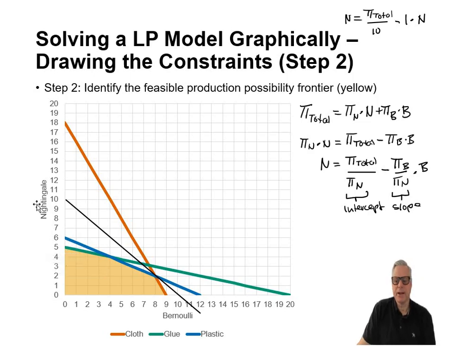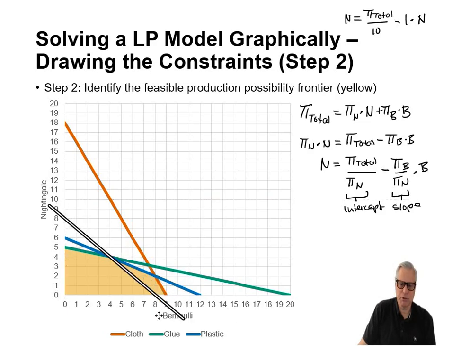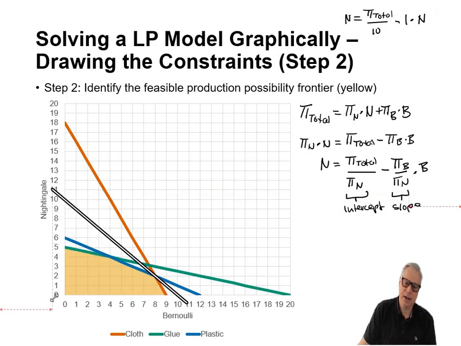And that is what we also saw earlier as we just plugged in random numbers. But this is how you do it. You just create an arbitrary ISO profit line and then you shift it as far out as you can. So that's the idea.